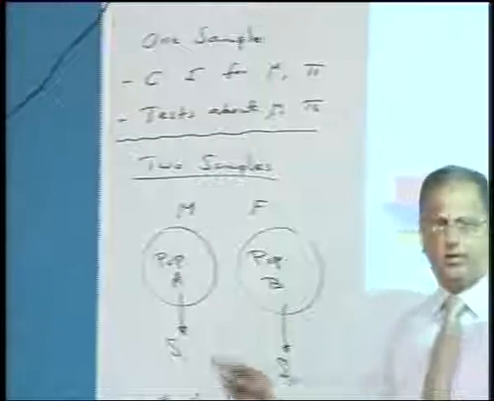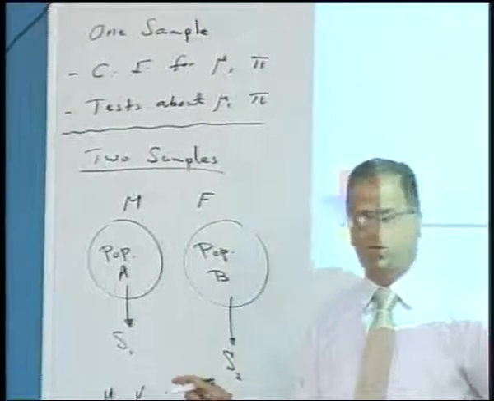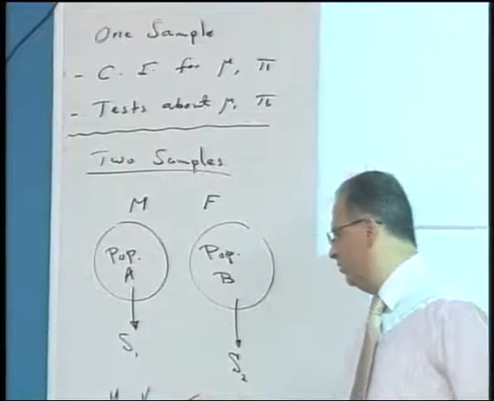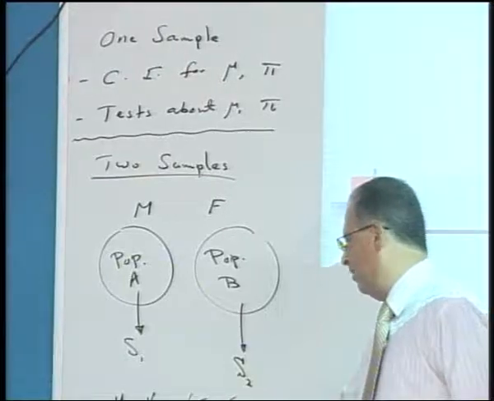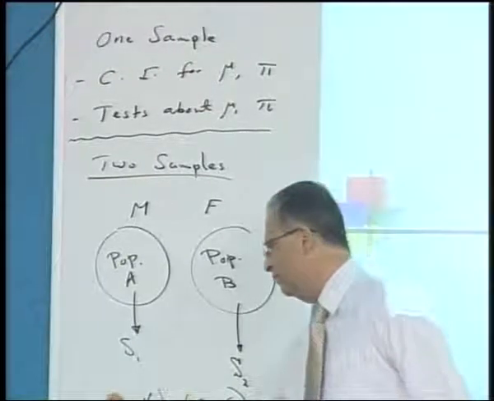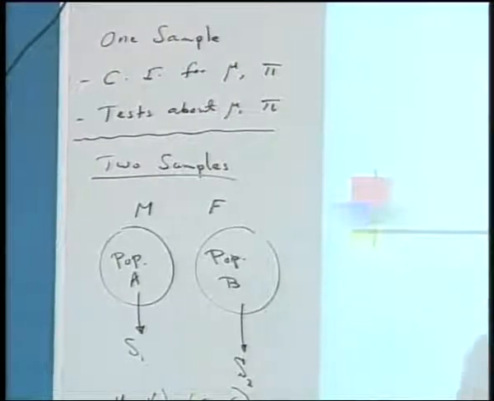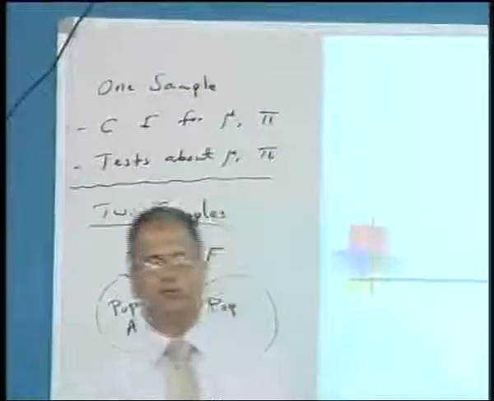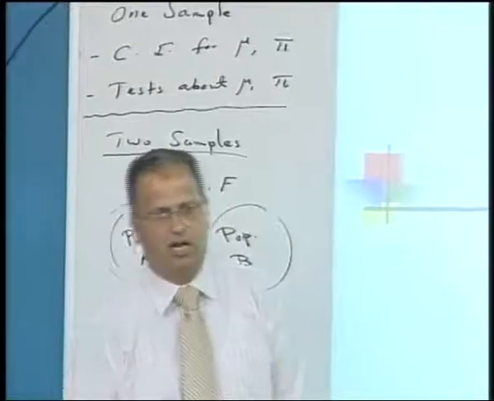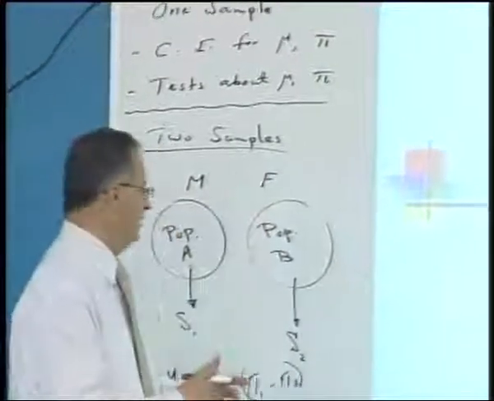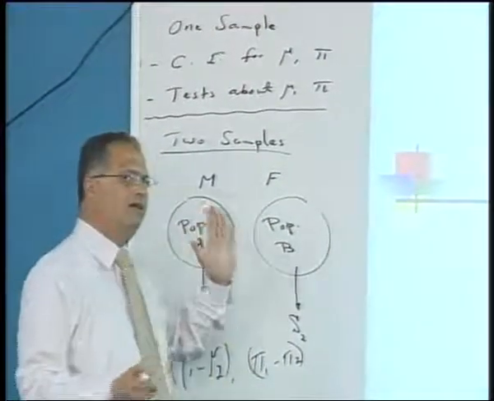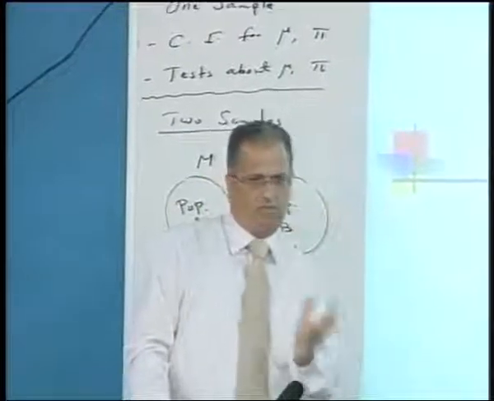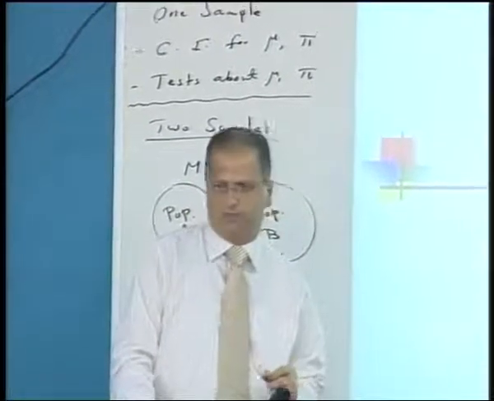So we are talking about mu1 minus mu2, or the difference between two population proportions, pi 1 minus pi 2. Sometimes there exist more than two populations, and we can also figure out if the means in general are different or not.